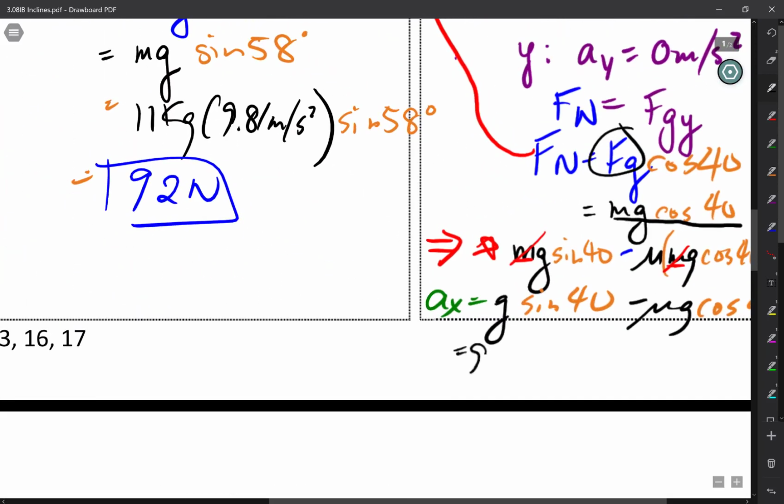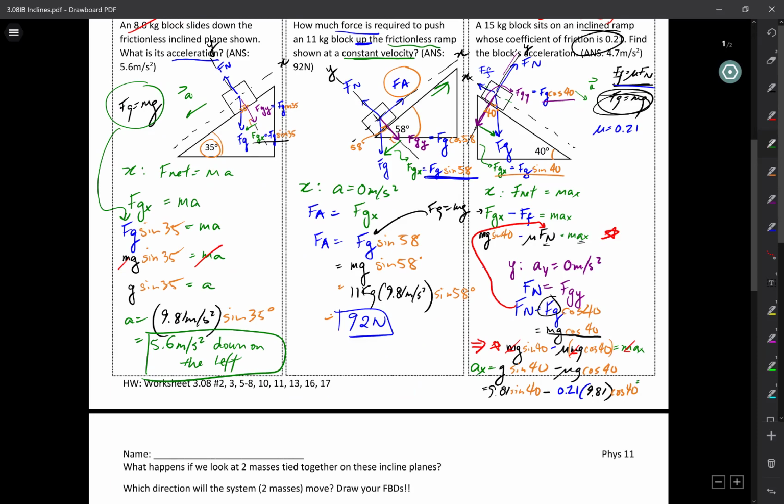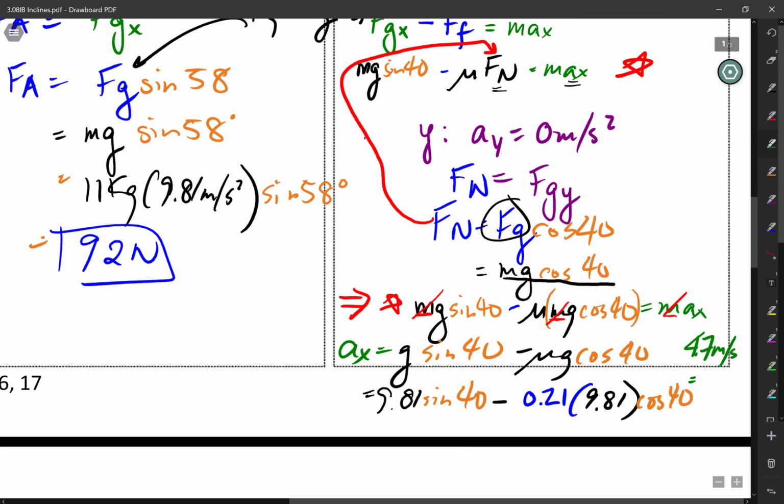If we substitute everything in, we should be able to find our acceleration. Our gravity, 9.81, sine 40 minus mu, and mu in our equation is 0.21, times gravity and cosine 40. And this one gives us a grand total of 4.7 meters per second squared down on the right.